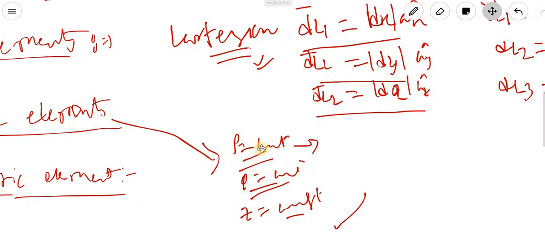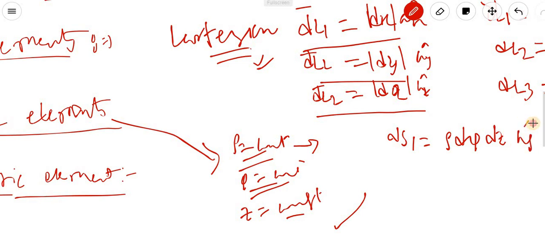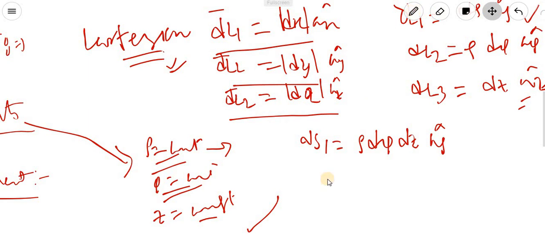What will be the elemental change for this? The surface ds1 will be rho d phi dz in the direction of a rho. Clear?